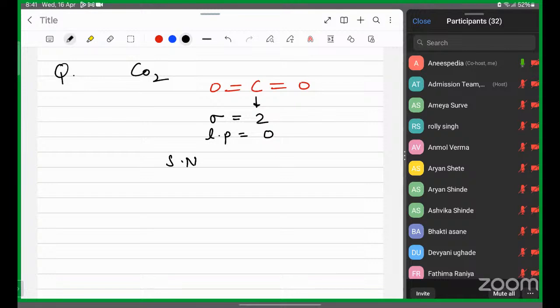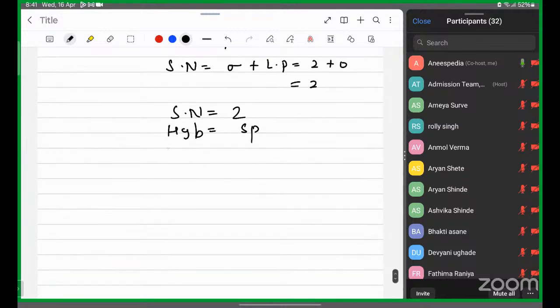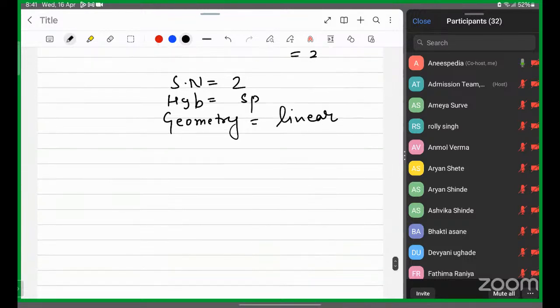So steric number will be sigma bond plus lone pair, that is 2 plus 0, which is 2. Since steric number is 2, its hybridization will be sp, and due to which its geometry will be linear. That's why the structure of CO2 is given as O double bond C double bond O at 180 degree angle.